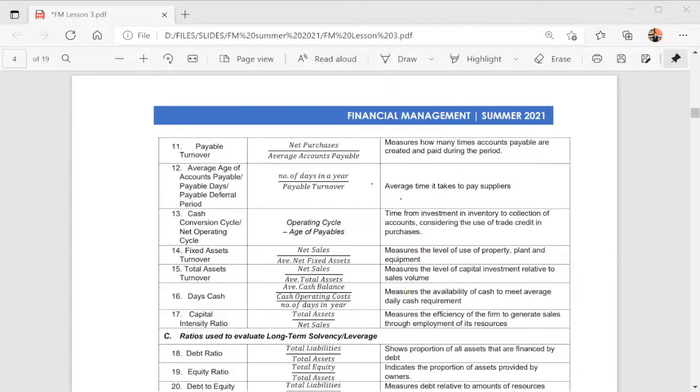Nindot siya nga i-delay if imuhang money nagamit nimo na siya for something worthwhile or something that is income generating. And you must ensure that mabalik gyud tong money nga imuhang gigamit, para just in time you can pay for your utang.